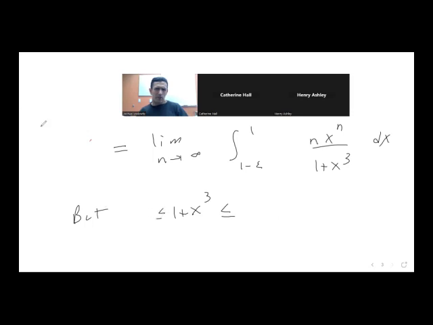Let's see, I need to move this over. Okay, so x is less than or equal to 1, so this is less than or equal to 2. The basic idea is now the denominator is basically 2. You can quantify that kind of trivially. So it's bigger or equal to 1 plus (1 minus epsilon) cubed, just because this is a strictly increasing function.